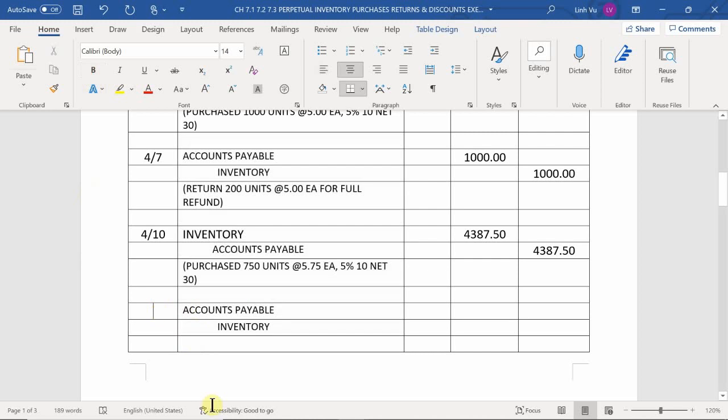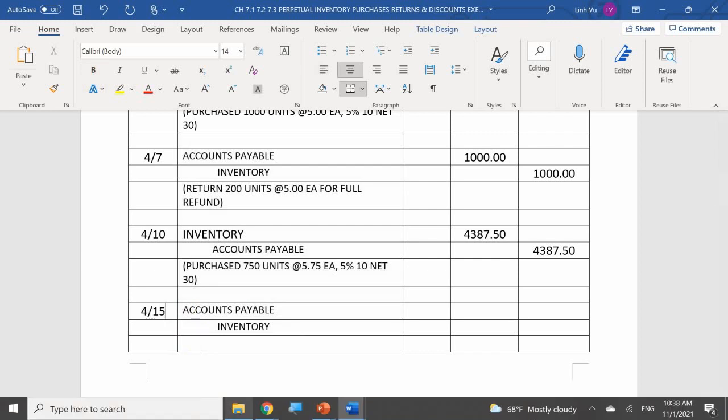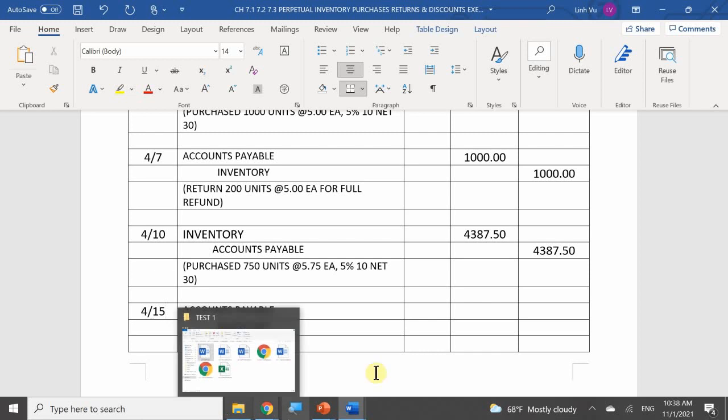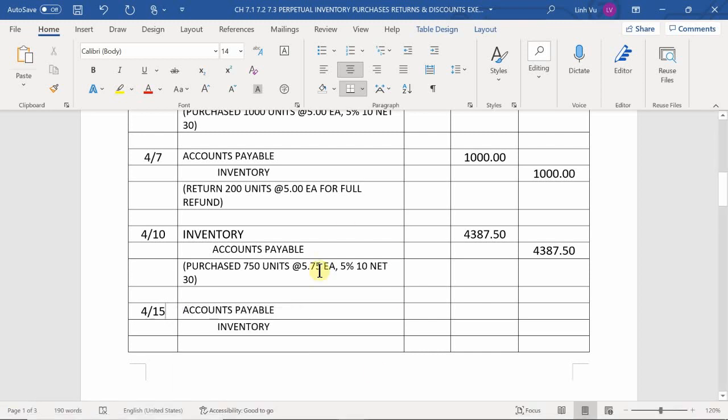So this was April 15. We're returning 50 mugs, 50 units, for a full refund. In this case, what's my price point here? $5.75 each, full refund.